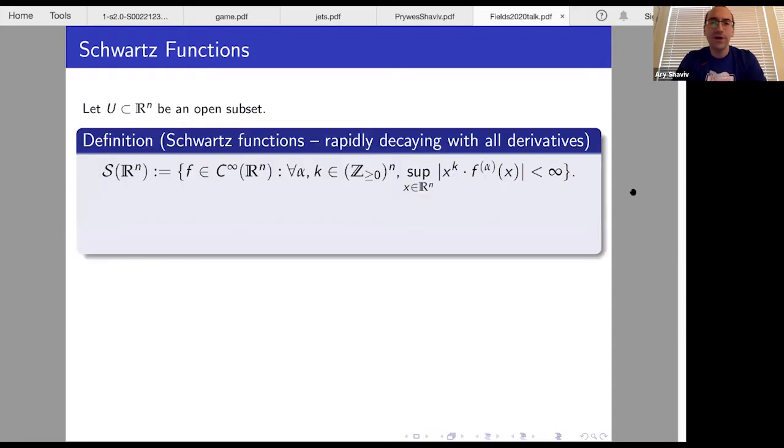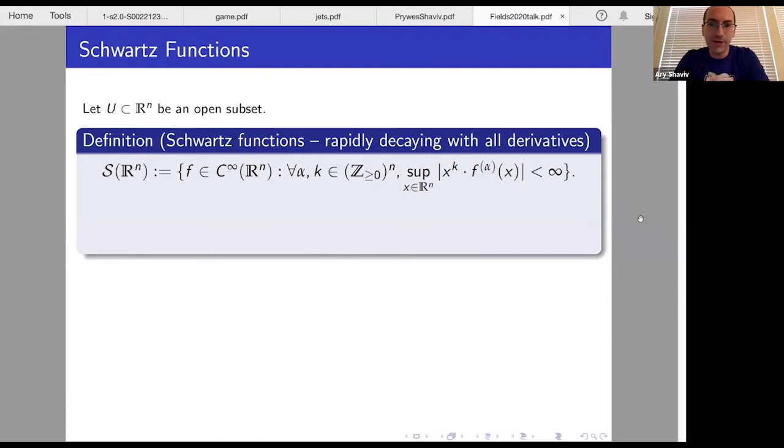So what are Schwartz functions? So let's start with Schwartz functions on Rn. These should be thought of as functions that rapidly decay, with their derivatives also rapidly decaying. So these are C-infinity smooth functions such that for any two multi-indices, the alpha multi-index should be thought of as the derivative multi-index of our f, and the k should be thought of as the polynomial multi-index.